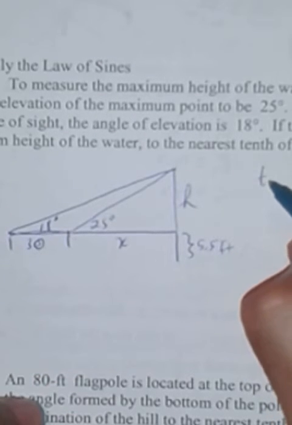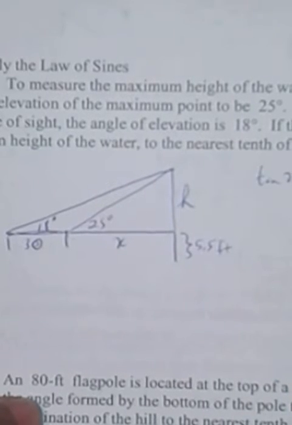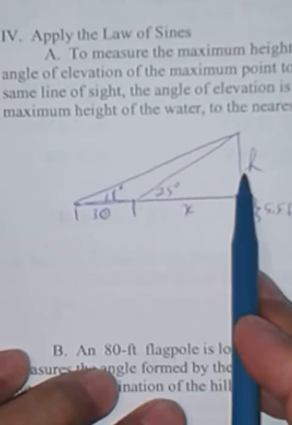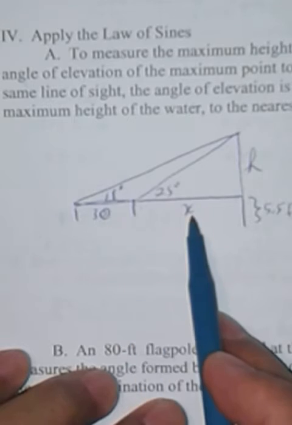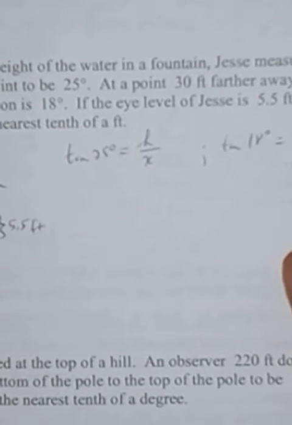Notice that we can write a couple of statements. We can say the tangent of 25 degrees is h over x. And we can write the tangent of 18 degrees is h over x plus 30.